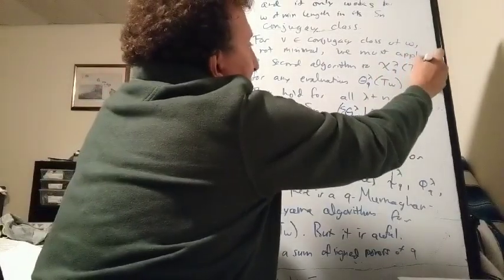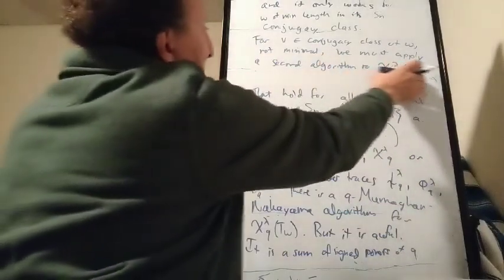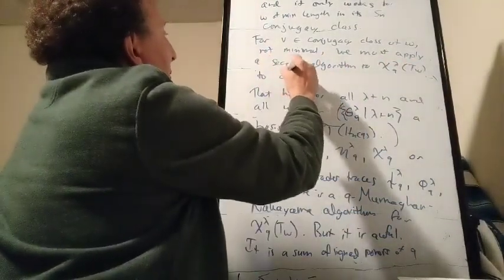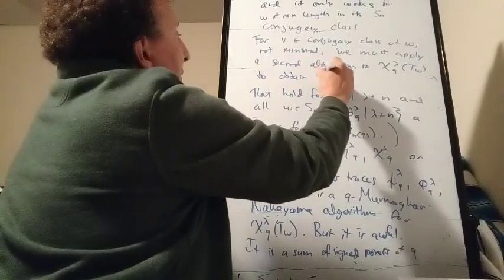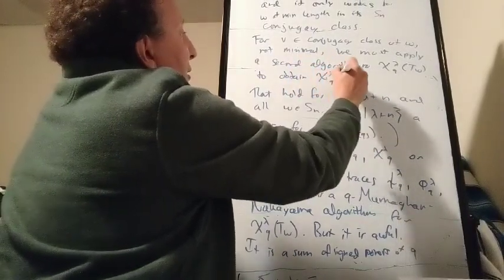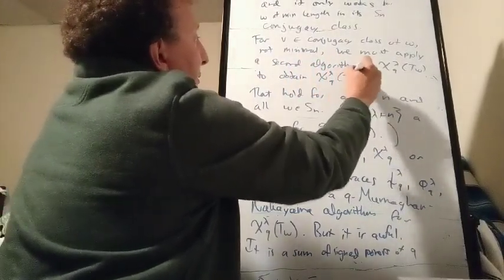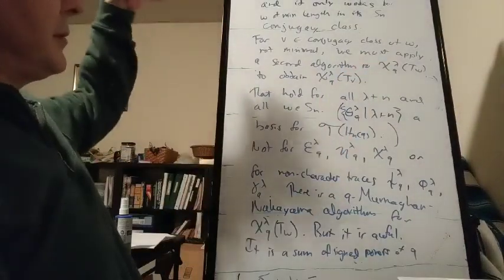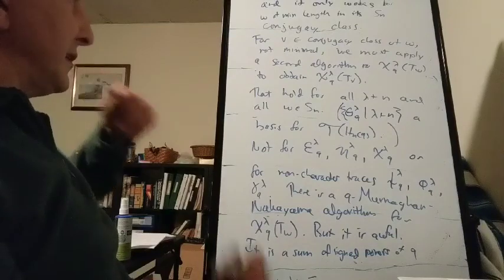So we do this for the minimum length conjugacy class representative first, and then from that we can obtain chi lambda q of TV. So we've got one awful algorithm, then we have to tack another algorithm onto the end of it.